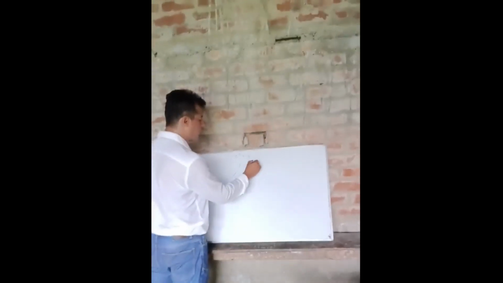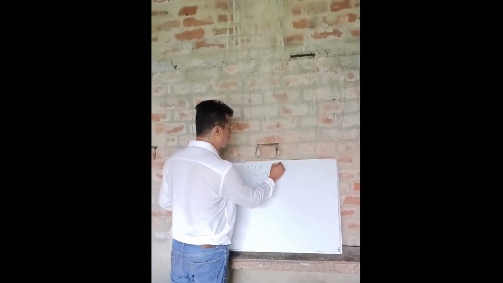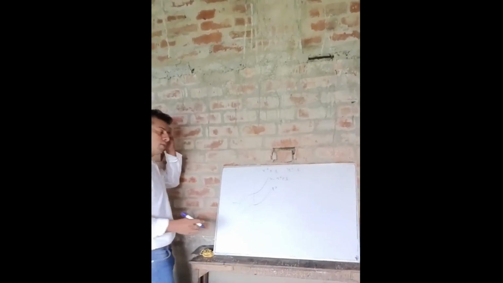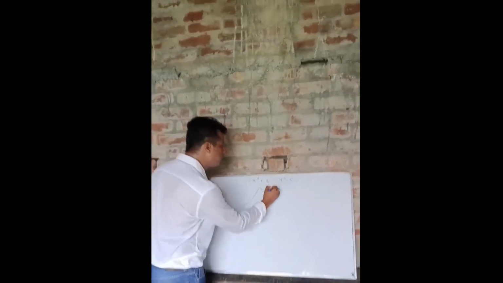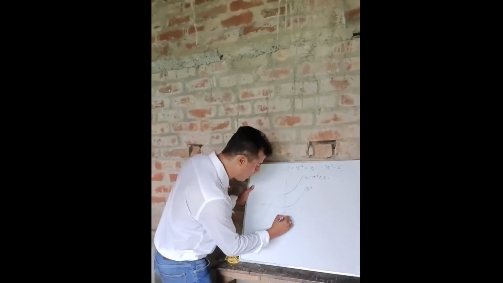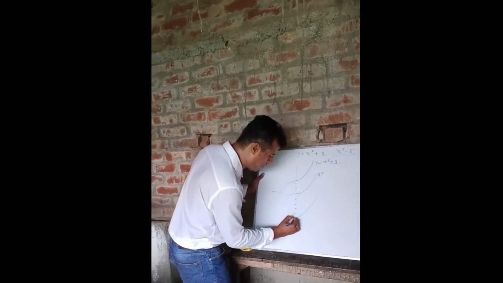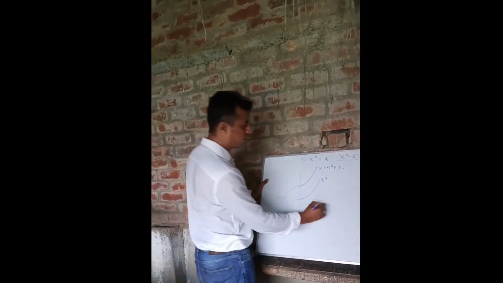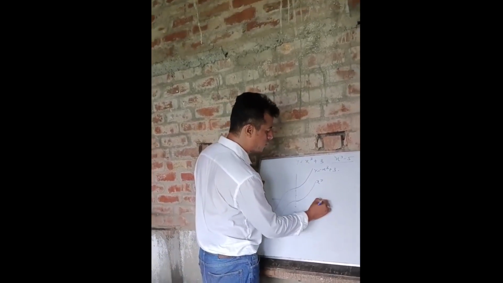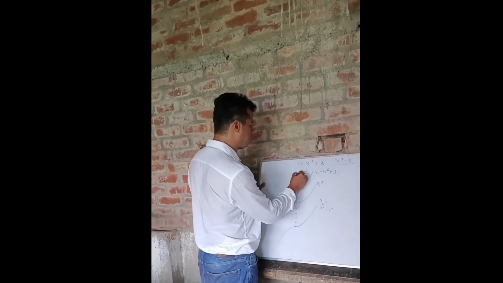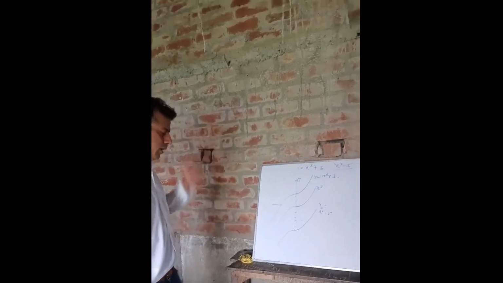This is y equals x cube plus 3. For y equals x cube minus 5, it is 5 units downwards: 3, 4, 5. Same graph, 5 units downwards. This is y equals x cube minus 5. This is the x axis, this is the y axis.